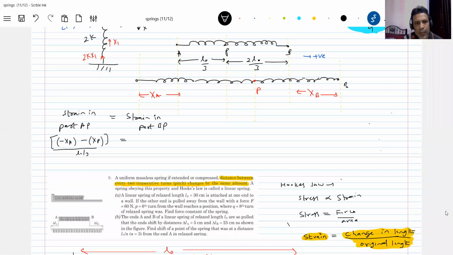It should be equal to the strain in B. What is XB? Plus XB minus XP. I'm not sure about the XP direction, so I'm leaving it, divided by 2 L0 by 3.